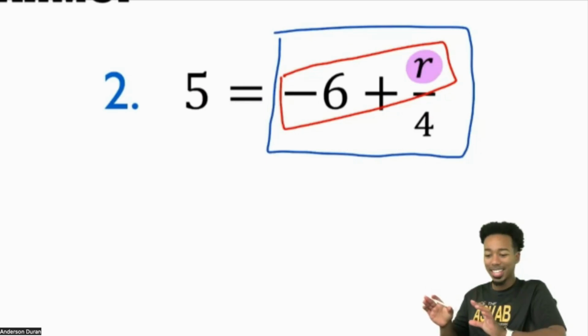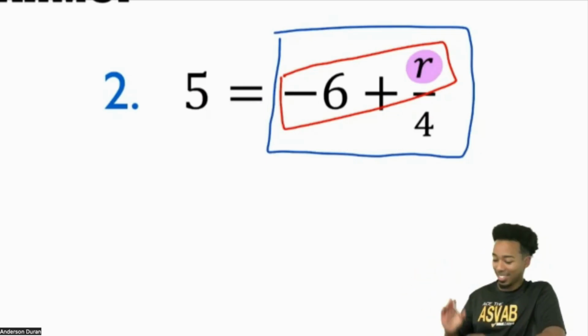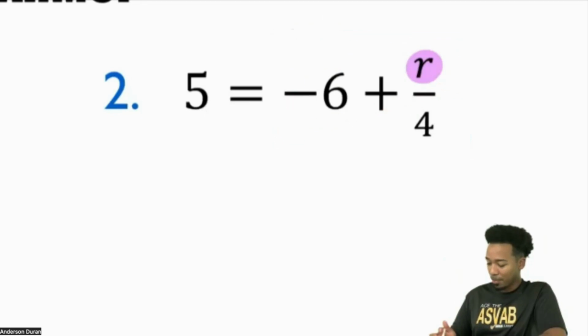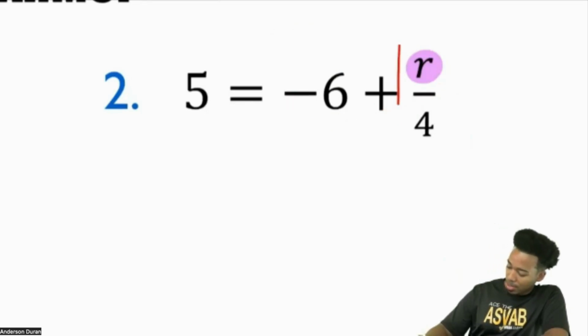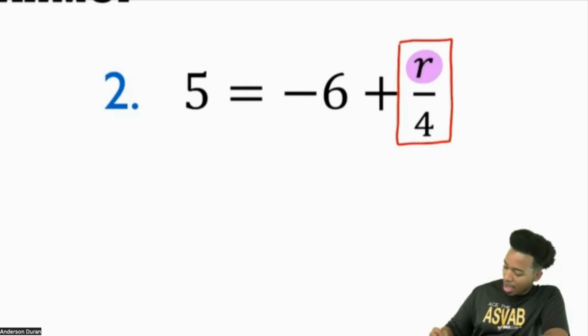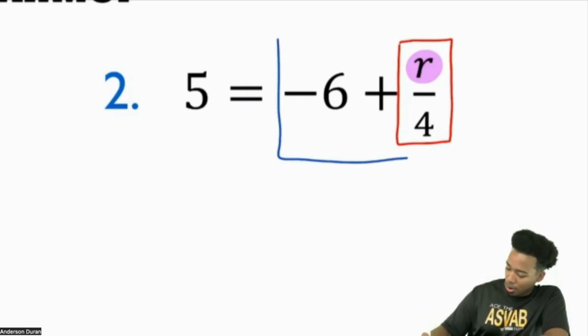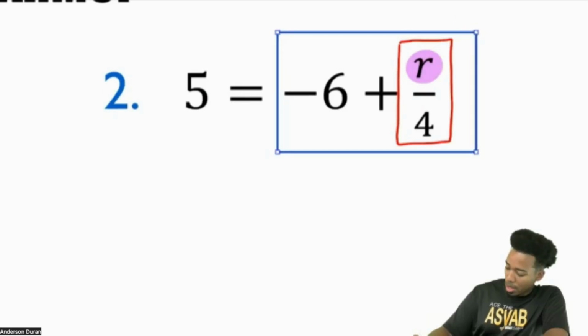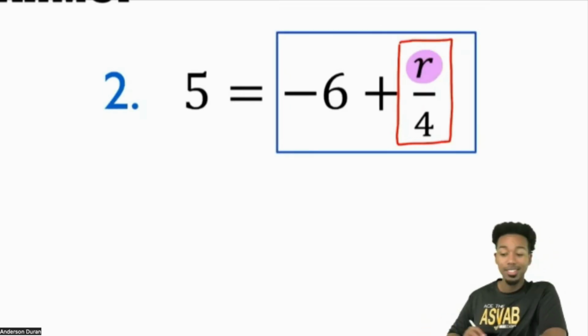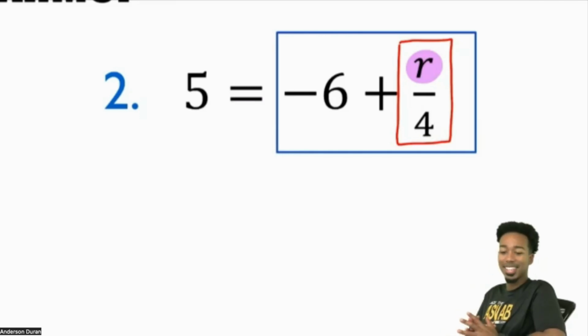So hopefully we can agree that looks like a big no to me. It's going to be R divided by 4 first. And then you have that -6 being added with the R divided by 4. Again, I'm saying math is meant to make sense, okay? Math is meant to make sense.